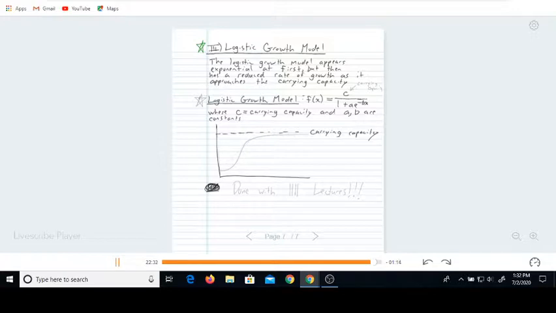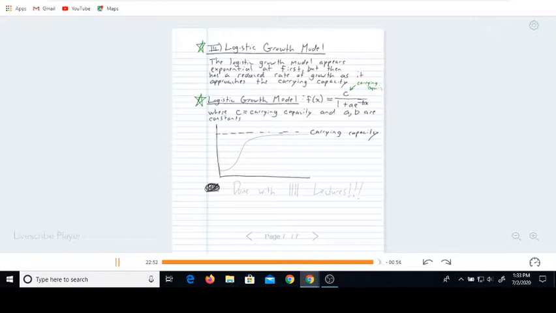So a logistic growth model is useful in biology, but it appears in other applications as well. It looks like that. Now, if we look at that model, x is your variable, a, b, and c are all constants, and I want you to pay close attention to this constant in the numerator, marked by a c. That's the carrying capacity.